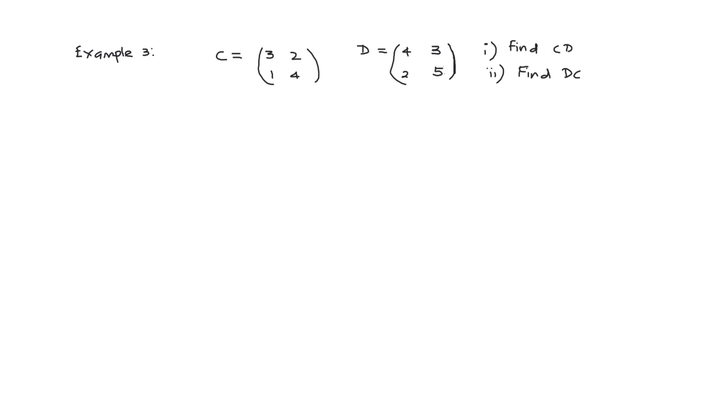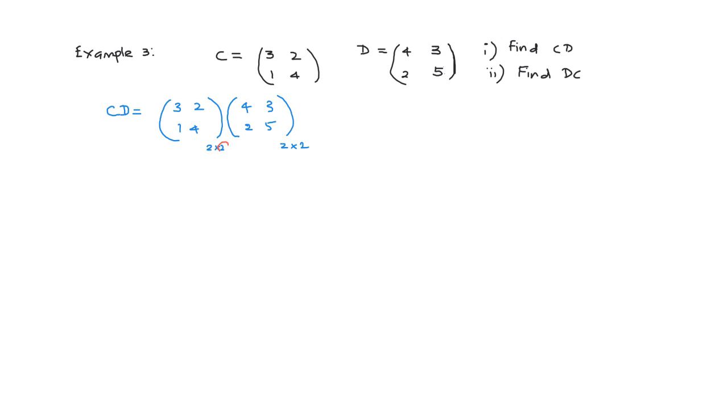Example 3, you have C equal to [3, 2; 1, 4] and you have D equal to [4, 3; 2, 5]. Find CD and find DC. First, you have to find CD. So let's check the order here. This is 2 by 2 and this is also 2 by 2.